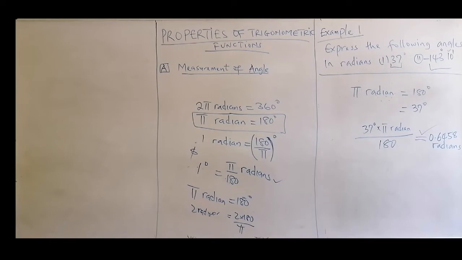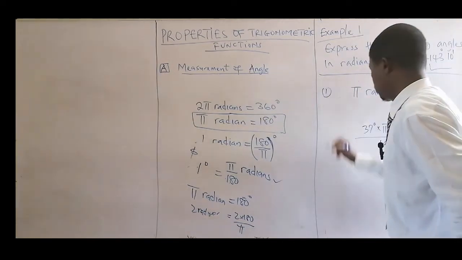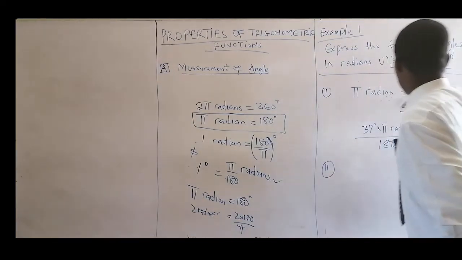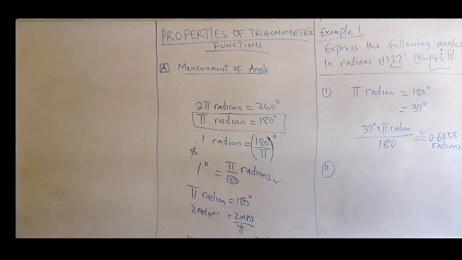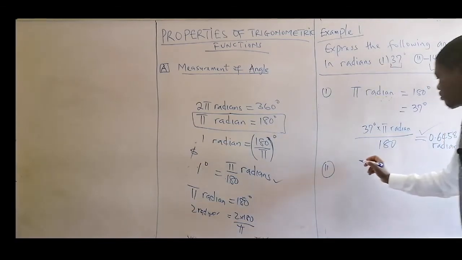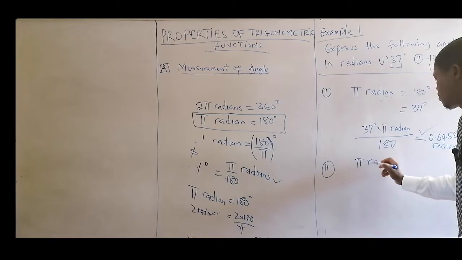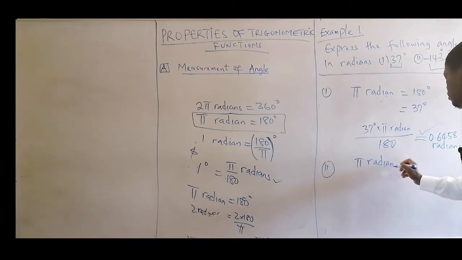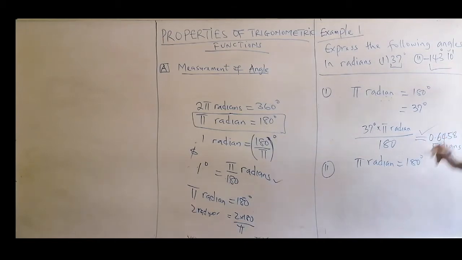Then the second one, minus. So do the same thing. Pi radians is equal to 180 degrees. And you have this one in degrees, 143 plus 1/3.